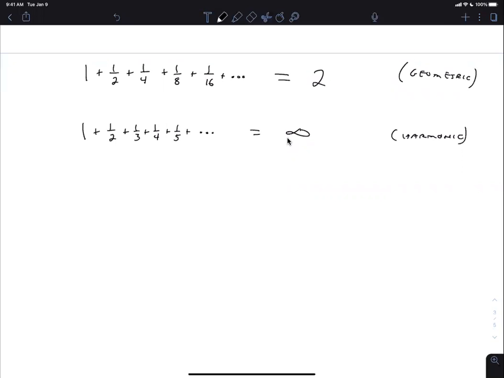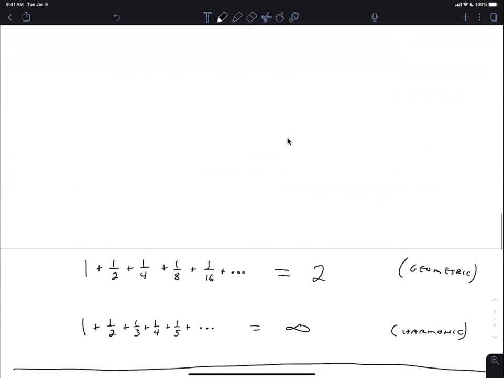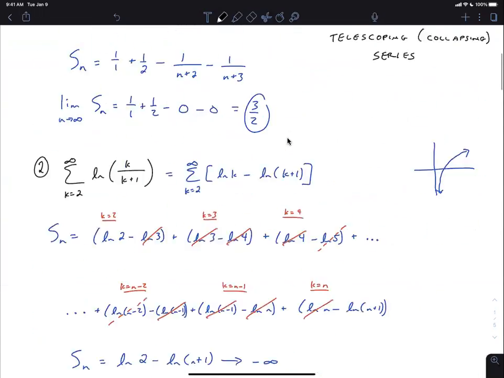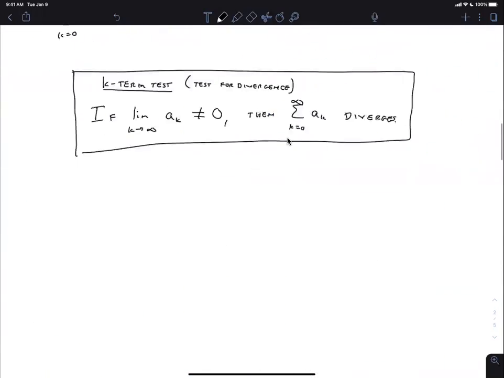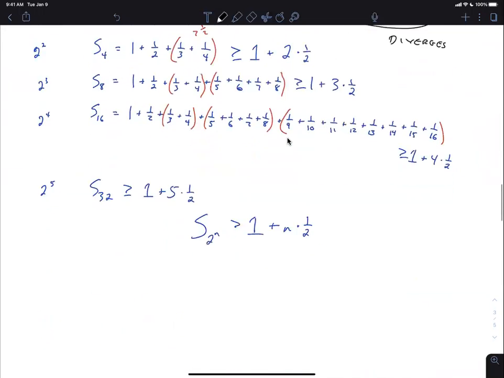Everybody good? Okay, I want to do one example before we move on, and then I want to talk about what's coming up next. I think the only examples we've actually done are 2 telescoping series. This is not really an example, this is a proof of the harmonic series.